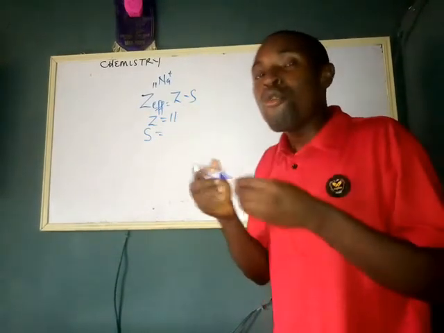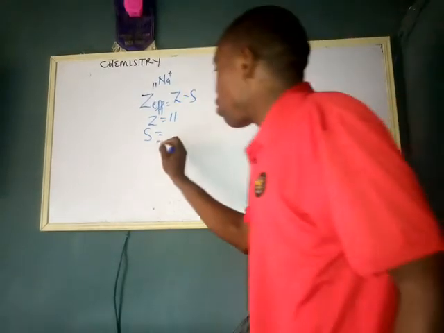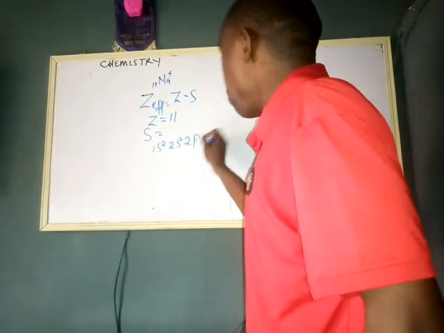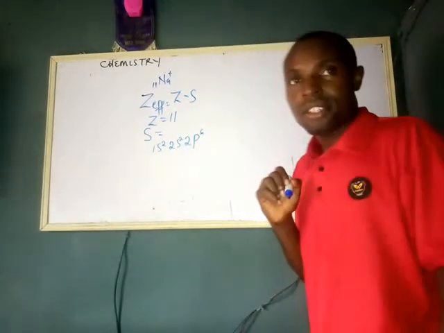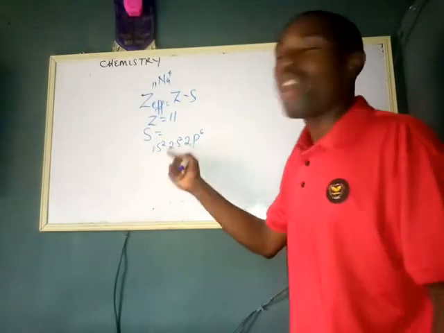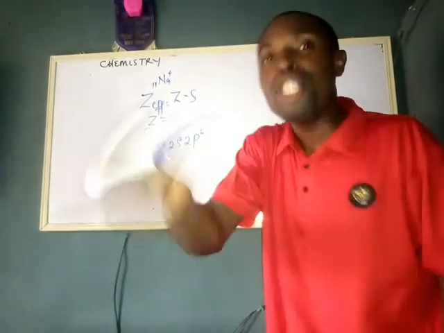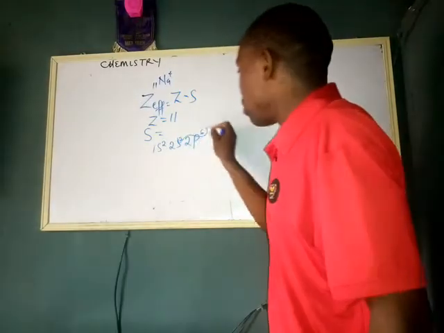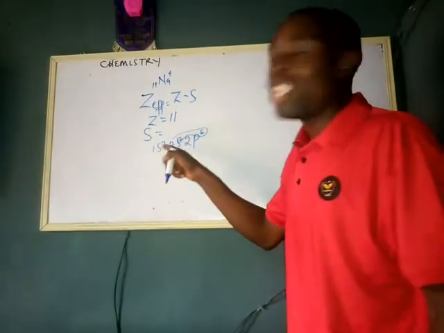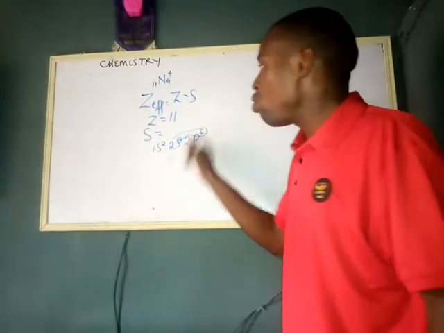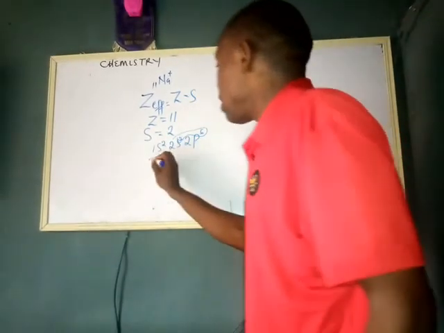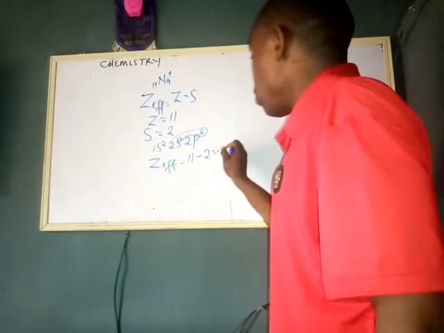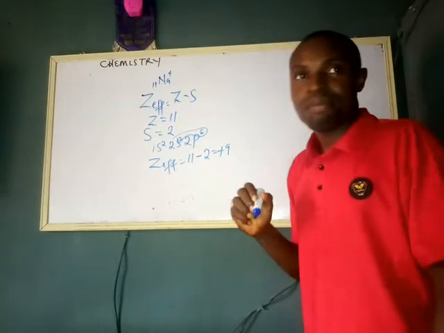Remember that sodium ion will lose one electron. So now we have 1s2, 2s2, 2p6, having the configuration of neon. So the valence electrons here are 8. But the core electrons here are now 2. So Zeff is equal to 11 minus 2, which is plus 9. Is that clear now?